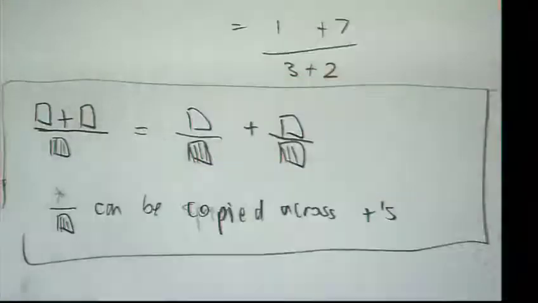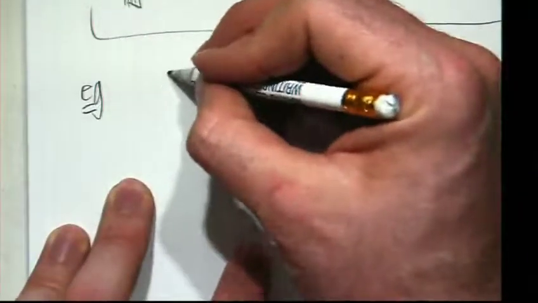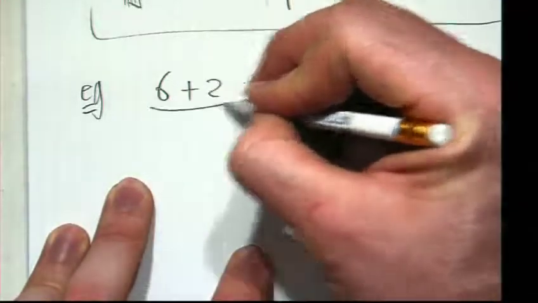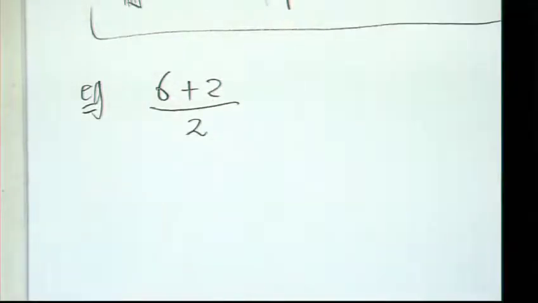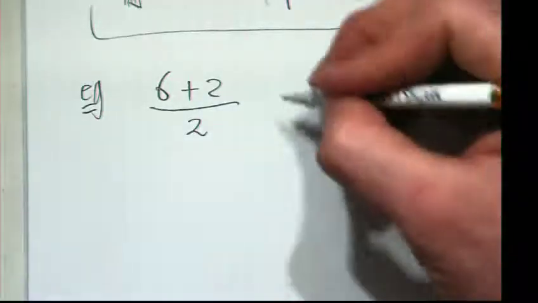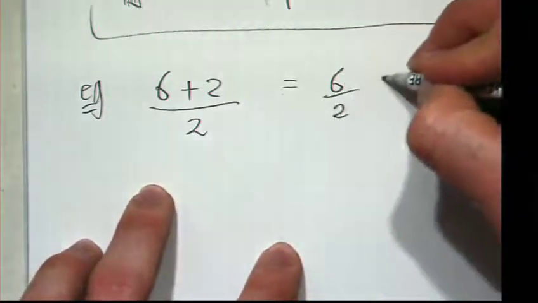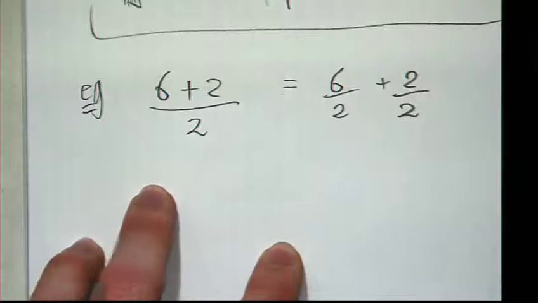Okay, being copied across pluses. And that's what that means. It works one way or the other. So as an example, 6 plus 2 over 2 is the same as that.